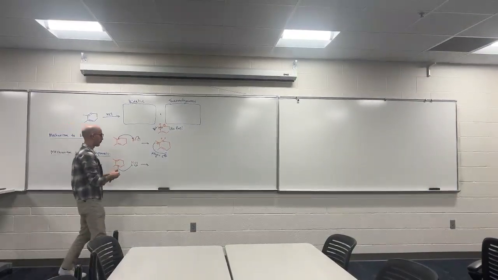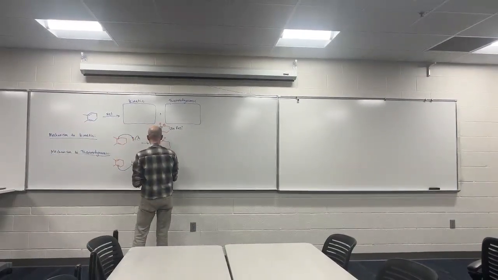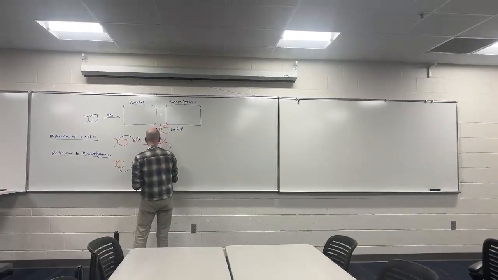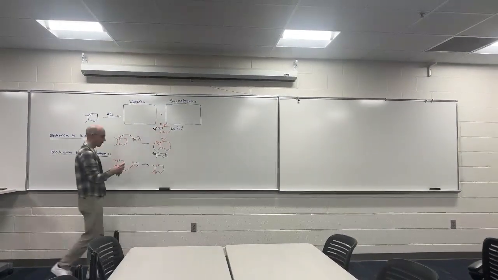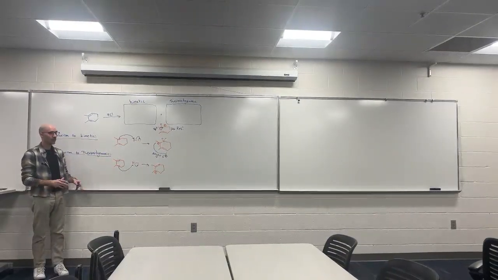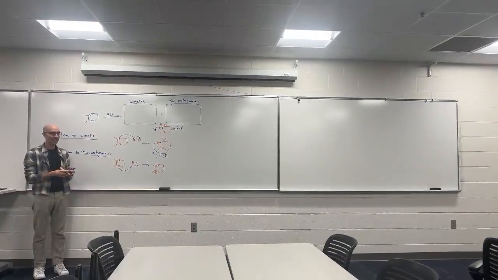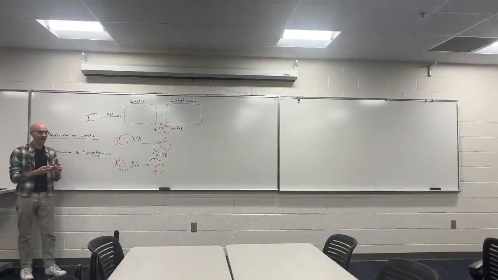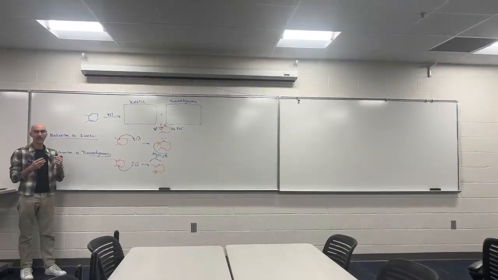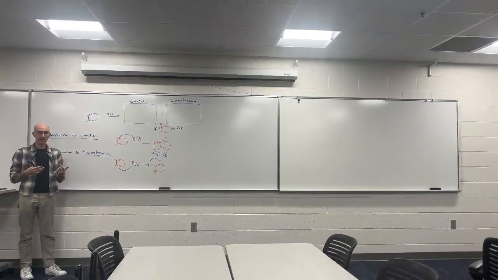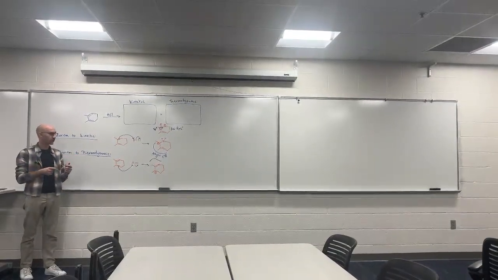So regardless of which mechanism you've shown, let me say that a little different. Regardless of which diene you've shown attacking, we want to form the allylic carbocation. And because there's an allylic carbocation, that means that there is now resonance between two different structures.